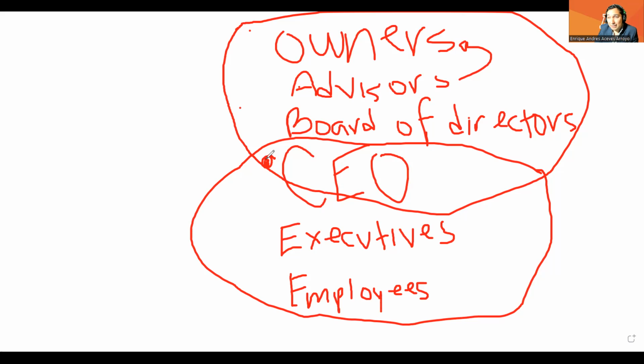So the CEO has a risk by managing the relations with the owners, and at the same time he has the risk by managing the relations with the lower people, which are the executives and employees that also elect the CEO. And how do they elect the CEO? By attending to the job.